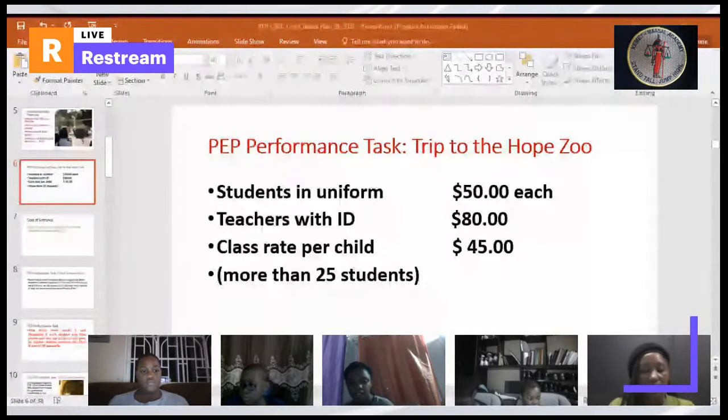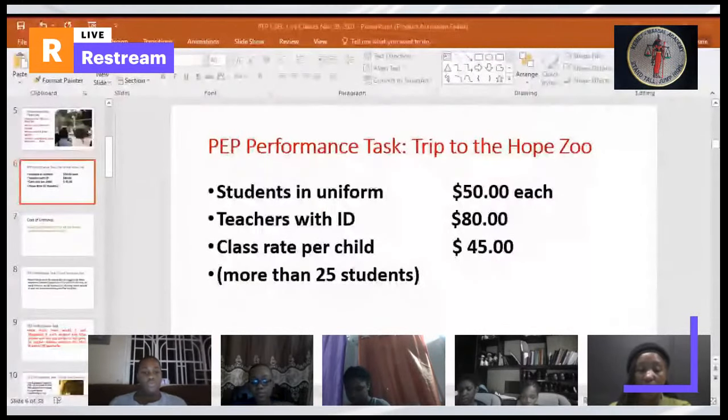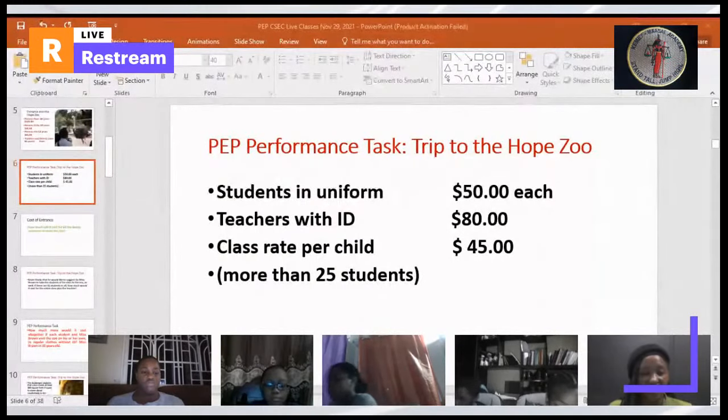Because the cost for a class of more than 25 students is $45, and 32 is more than 25. Yes, Miss. So once it's more than 25, you get a discounted rate of $45 each instead of $50 each. So that is correct.